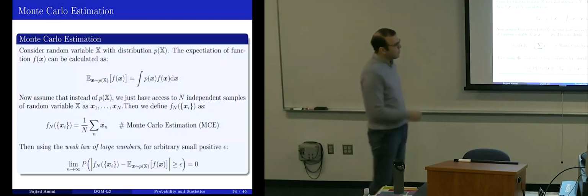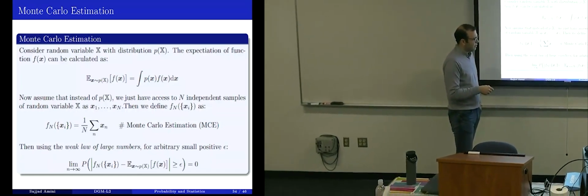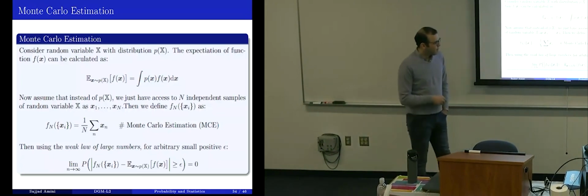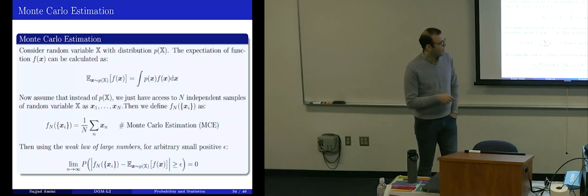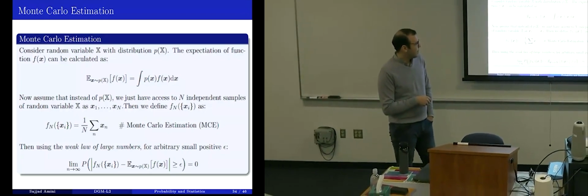But using the weak law of large numbers, you can show that this limit will become 0 if you increase your number of samples. What does it say? It says that as you increase your independent samples, for arbitrary small positive epsilon, you can make this probability equal to 0.